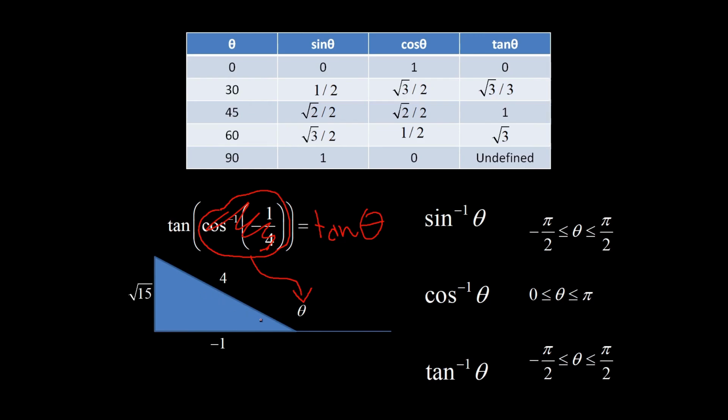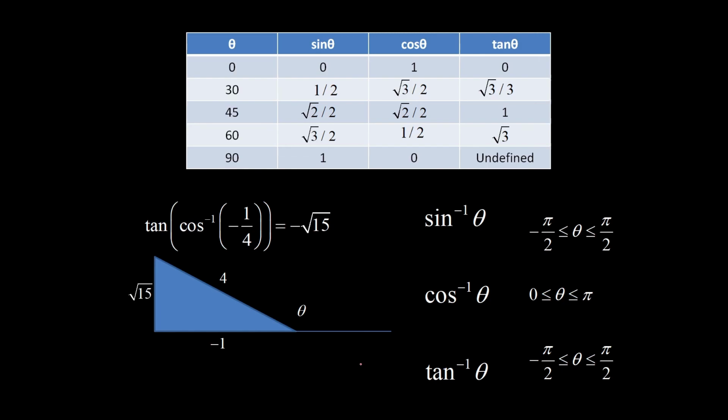And we can look at our right triangle and now identify what theta is. Because we know tangent is y over x. And now if we look at our right triangle, we can see y is square root of 15 and x is minus 1. And so we get our answer of minus square root of 15.